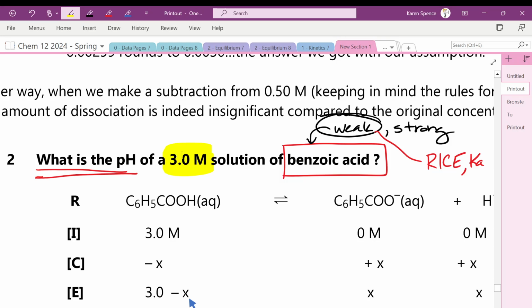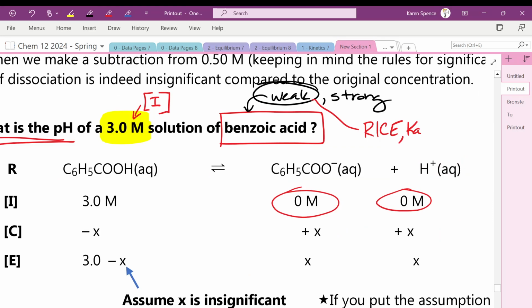What row of the rice table does it go in? That is our initial. And what are the dissociated ion concentrations initially? They are 0. And then, of course, we do plus x, minus x.